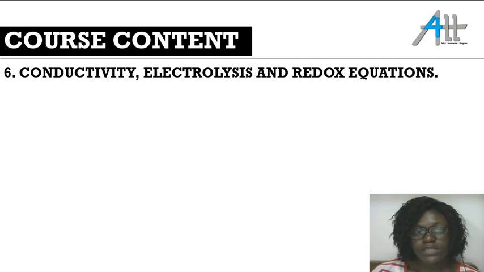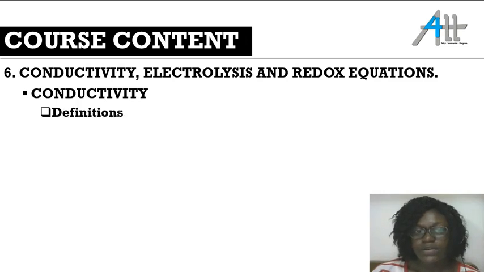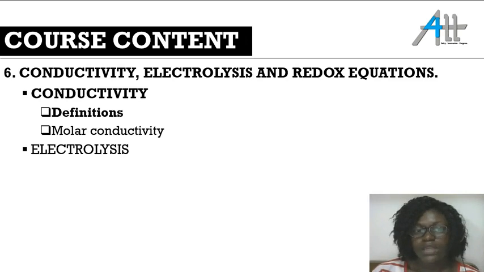We move on to chapter 6. In chapter 6, we are going to be talking about conductivity, electrolysis, and redox equations. We are going to begin with conductivity. Under conductivity, we are going to have the definitions and molar conductivity, and we are going to talk about electrolysis.